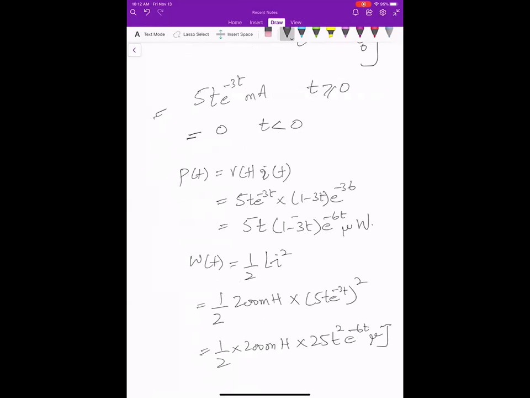So you know how to deal with your e's here. Then you will be able to find your energy storage and power.